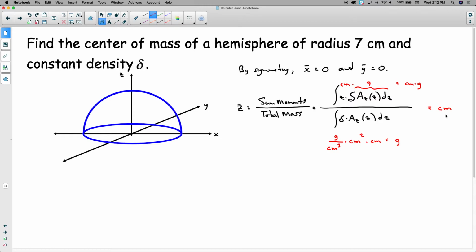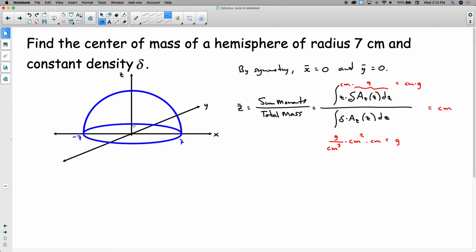All right, we need to do quite a few things, but let's get the limits of integration. What does it say? It's got a radius of 7. So if any one of these out to the edge is 7, that's 7 here, and negative 7 back there.